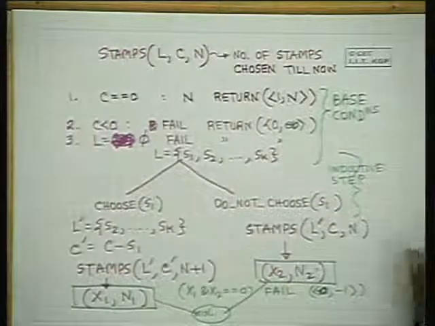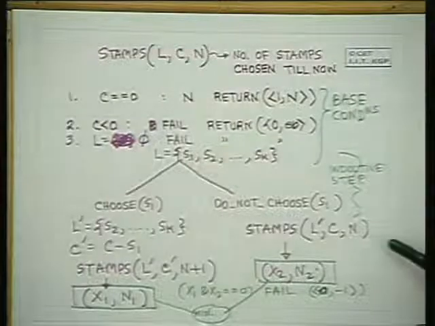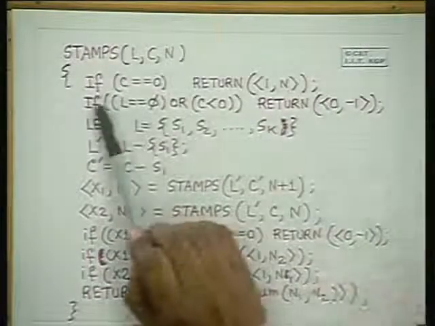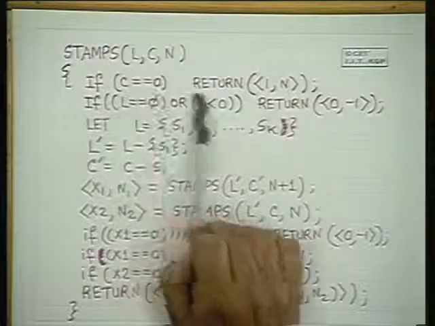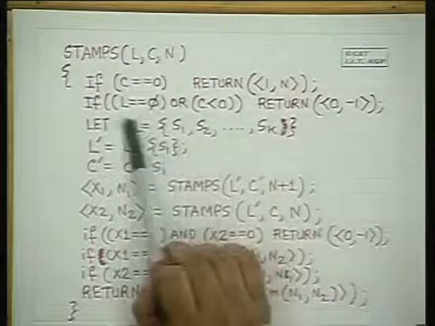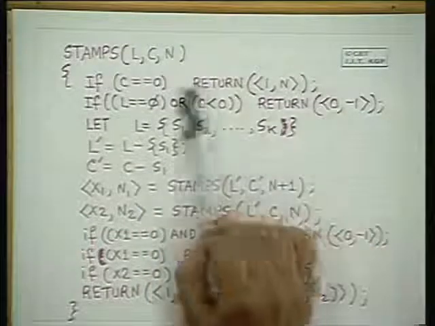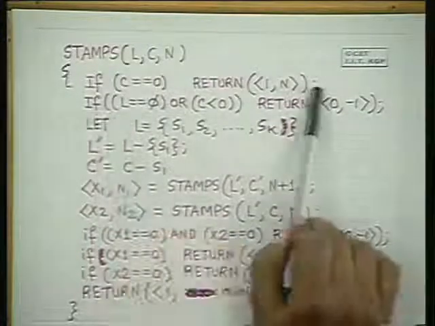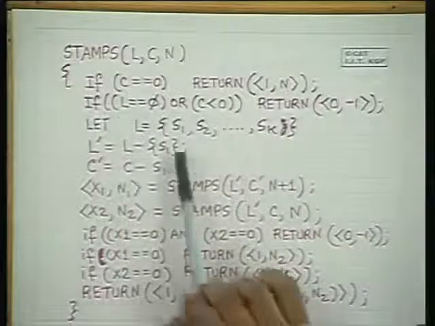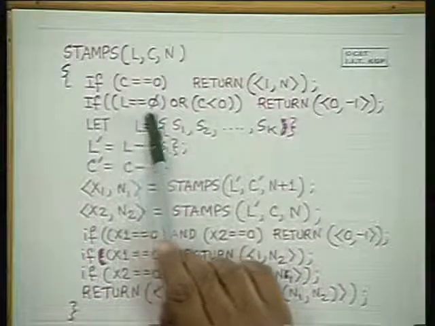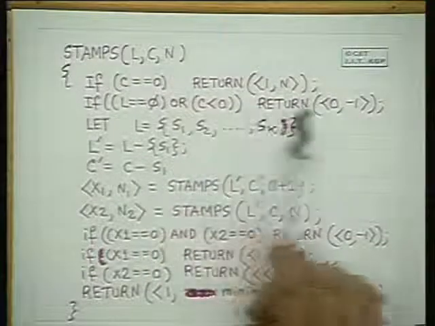So if we write out the algorithm, then it will look like this. If C is equal to 0, return 1, n. The failure cases are, if L is 0, that is, if this does not happen, the else part automatically starts. To save space in such a long definition, I have not written out the else part. If L is equal to 0 or C is less than 0, then you fail.